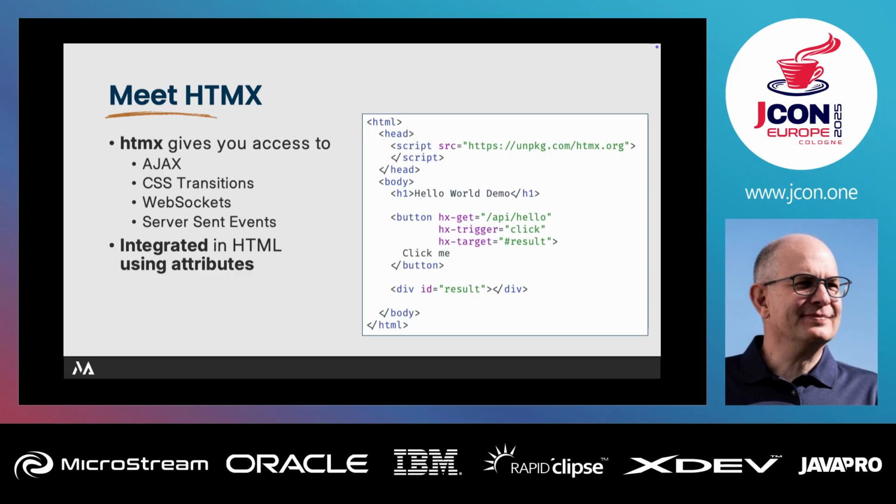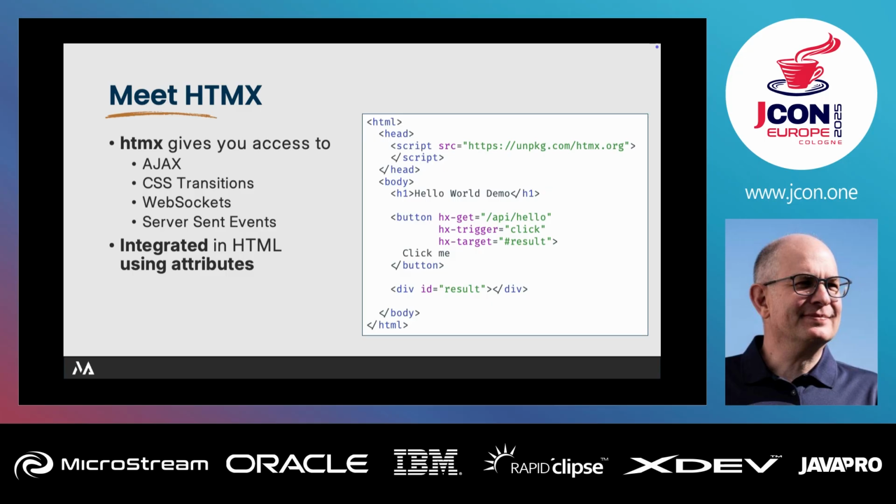By the way, it doesn't matter if this is Java with Spring or PHP or Ruby on Rails or ASP.NET or something very old. This works with everything, and you can add dynamic behavior to your website. You could even integrate that in a single website, and then you could use these Ajax attributes like get, trigger, and target.